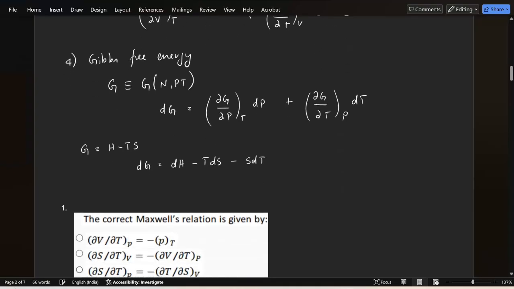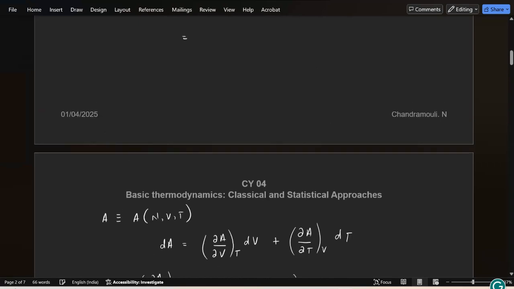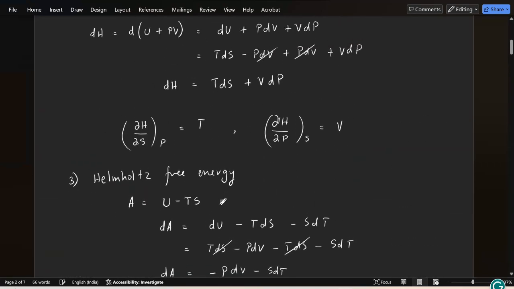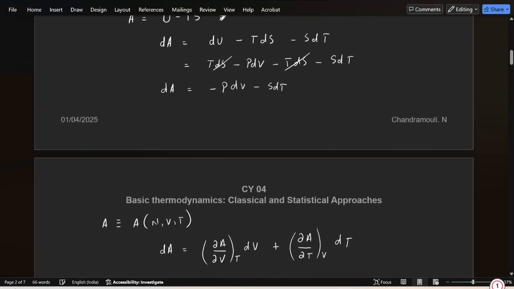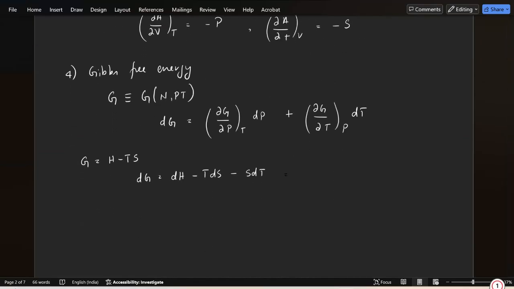So now we need to get dH as well. From before, dH is equal to TdS plus VdP. Okay, I'll just substitute that here. TdS plus VdP minus TdS minus SdT. So therefore dG is equal to VdP minus SdT.